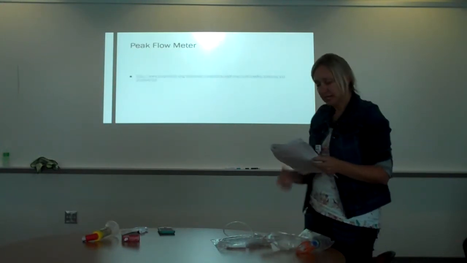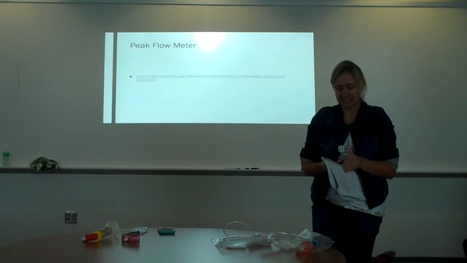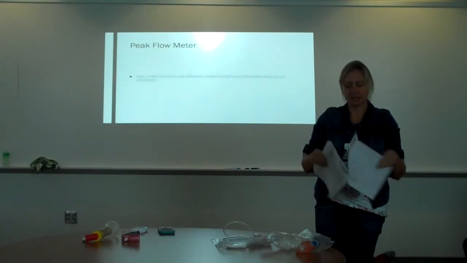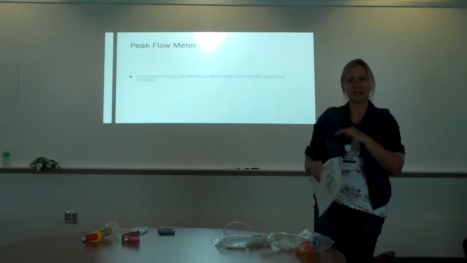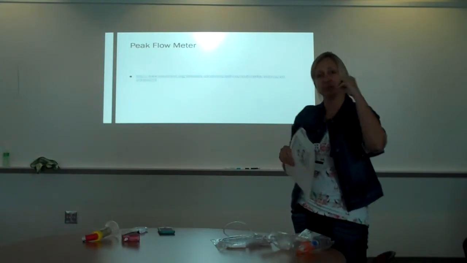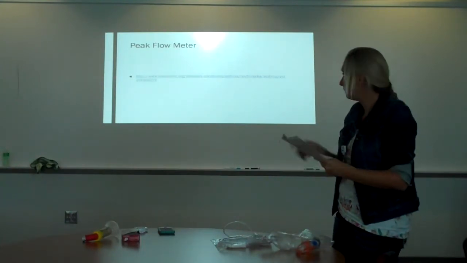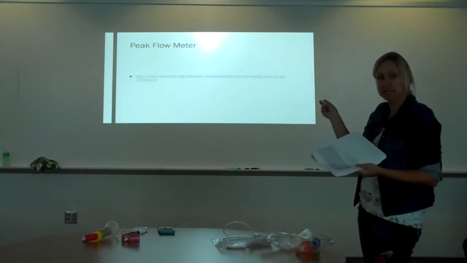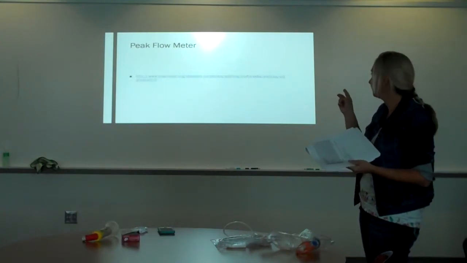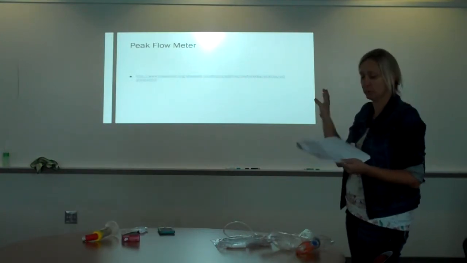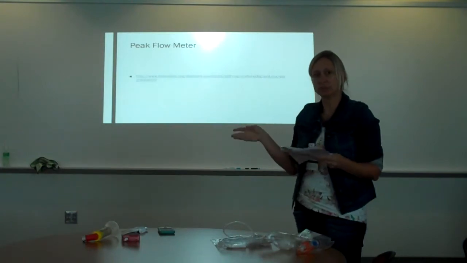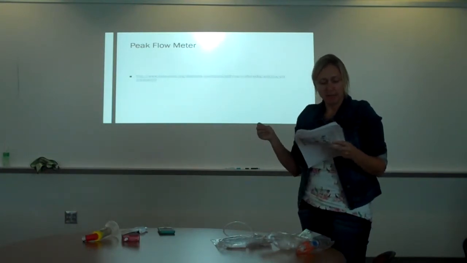Peak flow meter, I said this is the device that tells us how stable the child is and how well their current medications are managing their asthma symptoms. This is a link to a website with a short video on peak flow meters. I'm going to let you watch that on your own time.